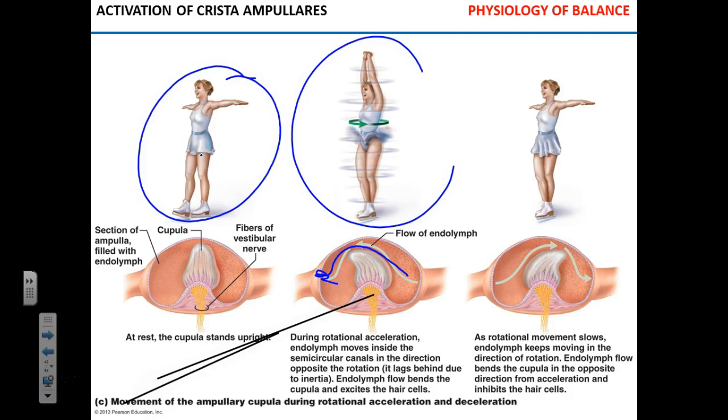You see what I'm saying? So, ampullary cupula bends, hair cells bend, you have excitation of hair cells because of the change in potassium flow. Then you stop. At this point, you stop, but endolymph keeps flowing, and it bends ampullary cupula again, and now you sense deceleration. Does that make sense?